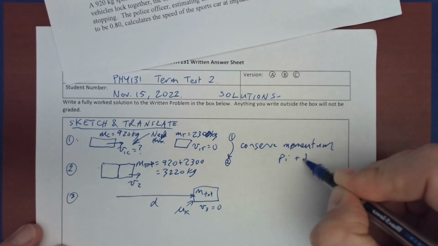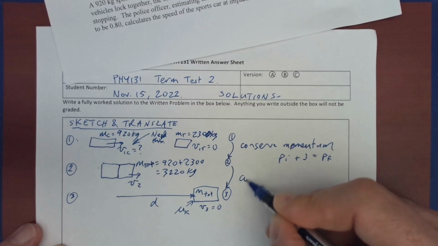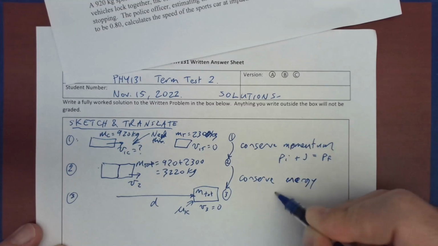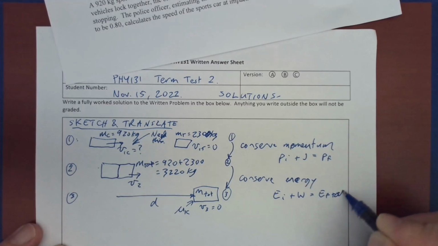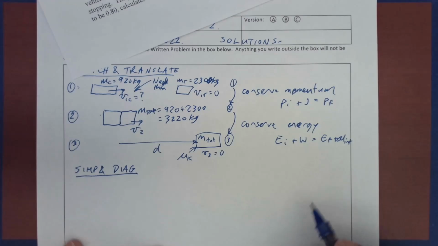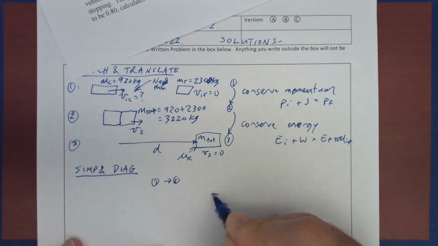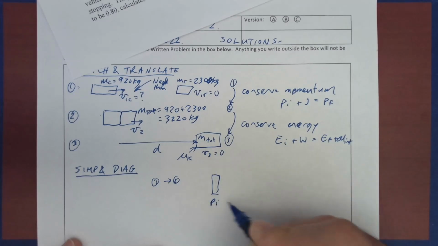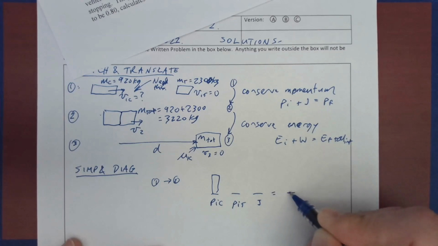P initial plus J is equal to P final. And from 2 to 3, what we're going to do is conserve energy. So the energy initial plus the work is energy final plus delta U internal. From 1 to 2, you've got the P initial of the car, and then the P initial of the truck, which is 0, and then the impulse, which is 0, is equal to the P final of the total.